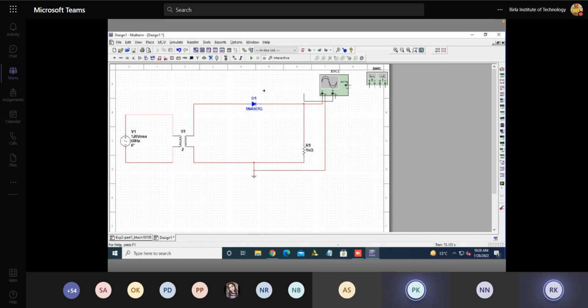No, it's just before the diode you connect so that you can see 12 volt. Before the diode. This side, sorry.